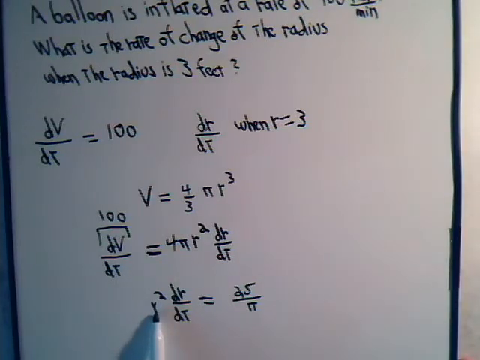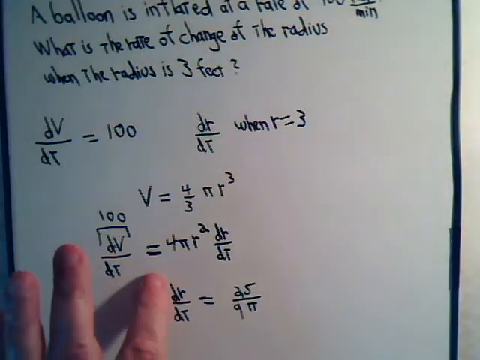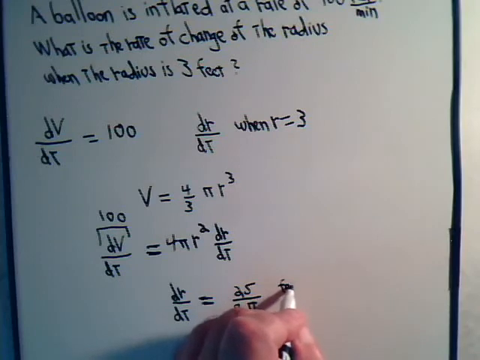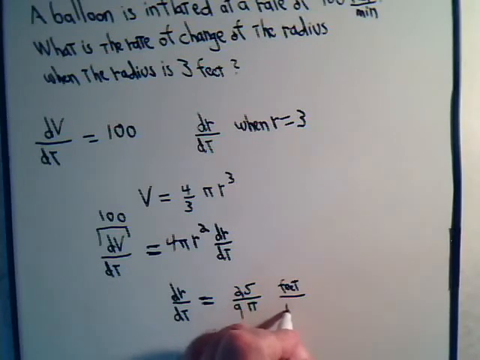So obviously r squared would be 9, divide both sides of the equation by 9, and we have dr/dt equals 25 divided by 9 pi, and that is in feet, not per second though, but per minute. And that's the answer. That's the rate of increase of the radius of the sphere at that moment when the radius is 3 feet in length.